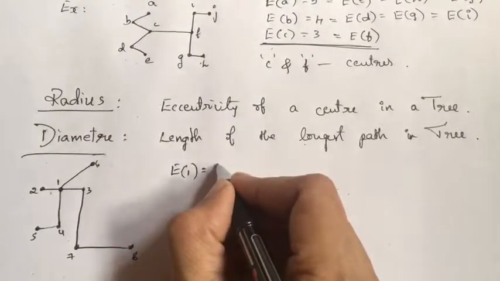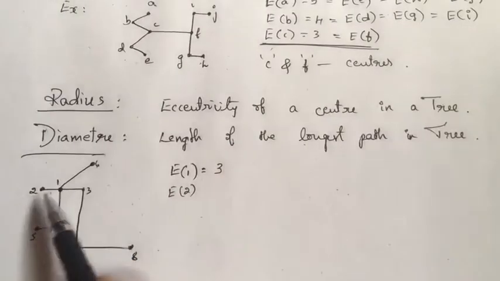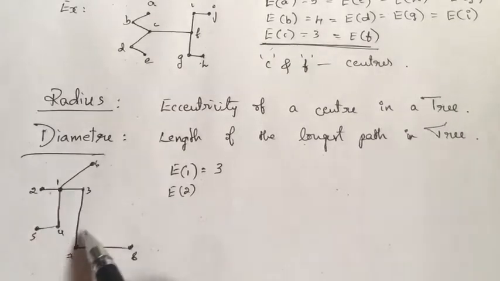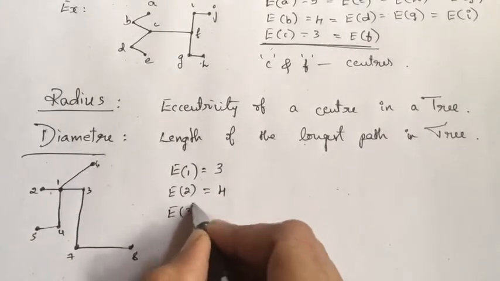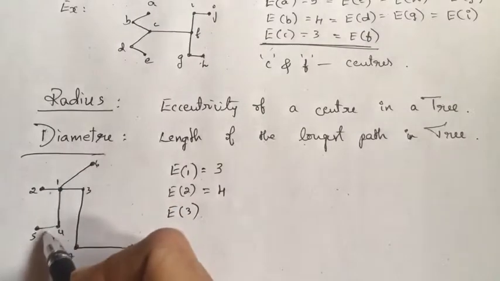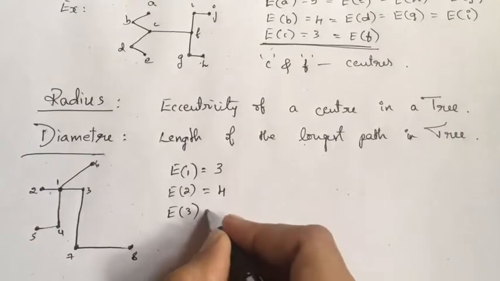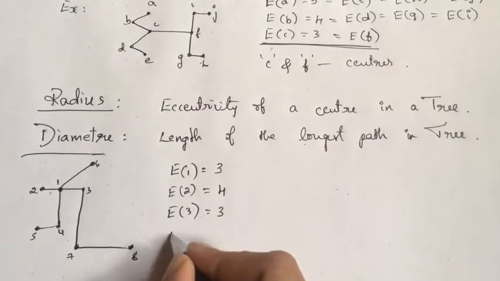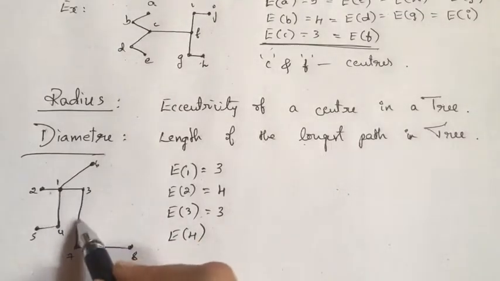So eccentricity of 1 is 3. Eccentricity of 2 is 1, 2, 3, 4. Eccentricity of vertex 3 is 1, 2, 3, so it is 3. Eccentricity of vertex 4 is 1, 2, 3, 4.